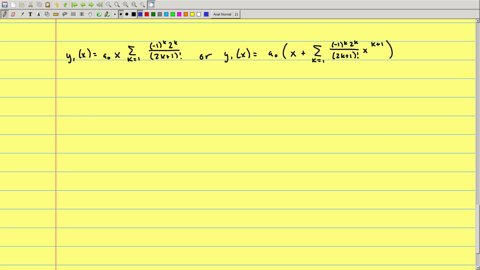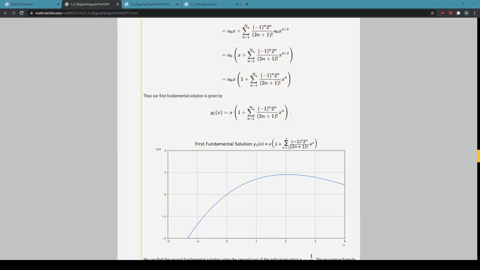So I know that's quite a bit of steps. And the idea behind all of this is that once we put in the work, we will have our power series solution for all of this and be able to look at the first fundamental solution for this particular differential equation.